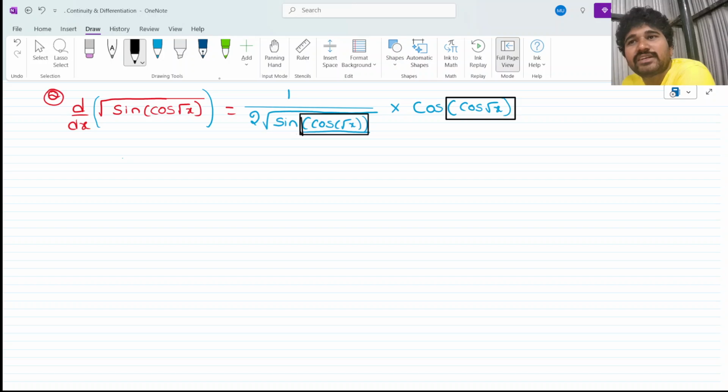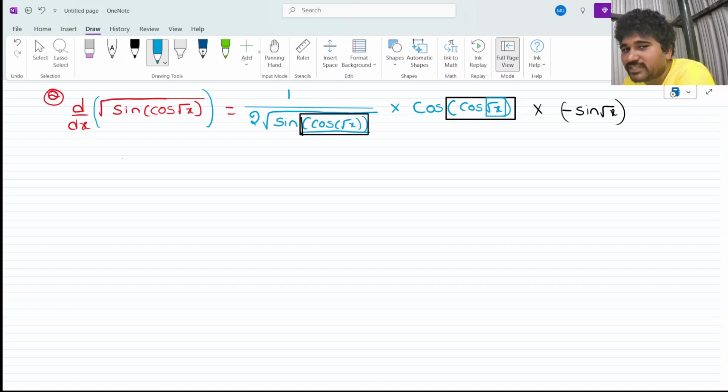Understand? Now differentiation of that something. What is that? Cos of something, minus sine root x. Now, cos of something, while reading, root x is the something.